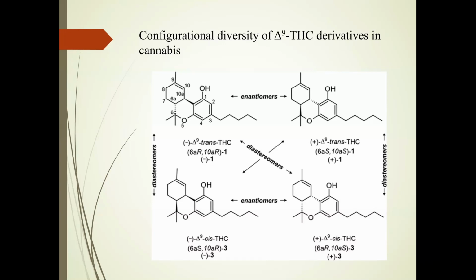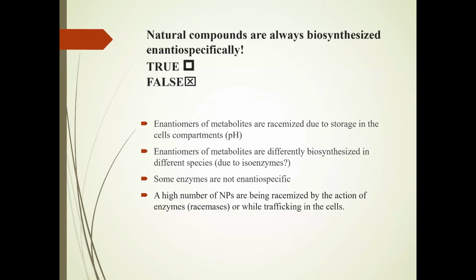Tetrahydrocannabinols have four enantiomers, and these enantiomers have important properties based on their activities, and this is actually why some of these cannabis species are more expensive. Some of them are not, because the enantiomer composition of these important derivatives is changing.